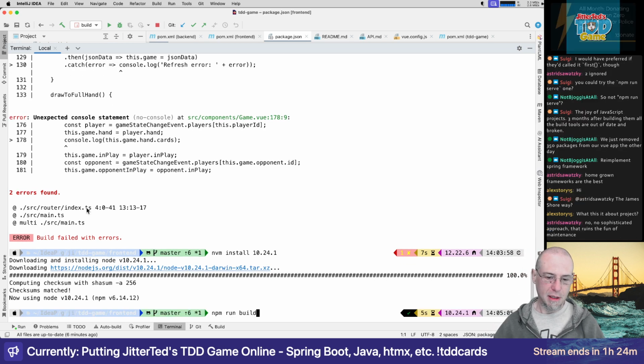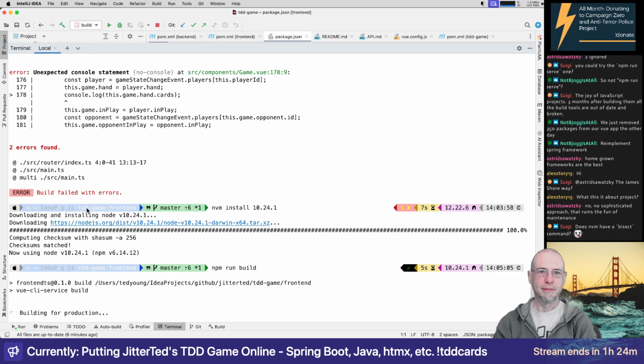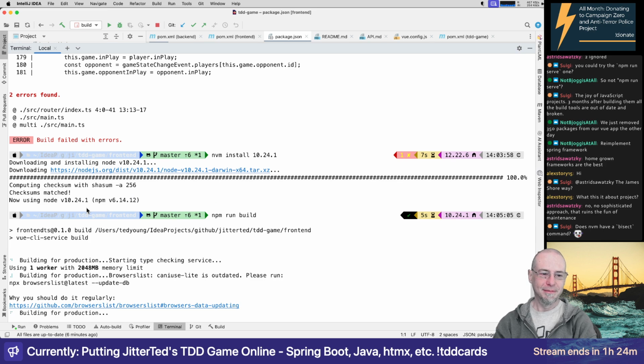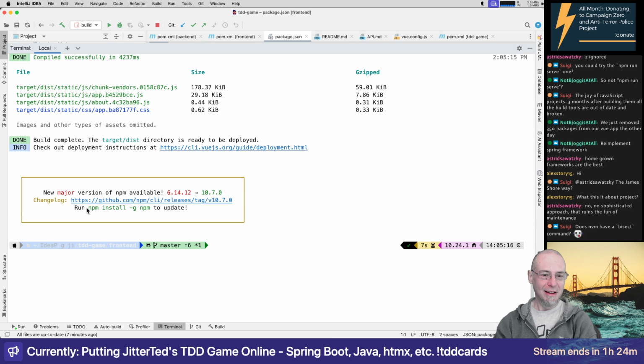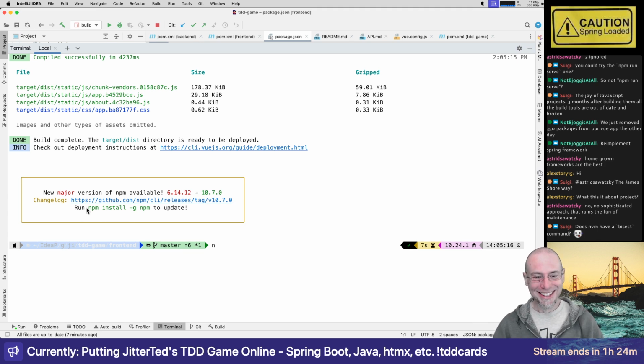All right, and let's try npm run build. Yeah, npm, it's like, tell me when you stop doing this. I'm sure there's a way to do that. Compiled successfully. So clearly it was between 10 and 12. So let's do an npm run serve.